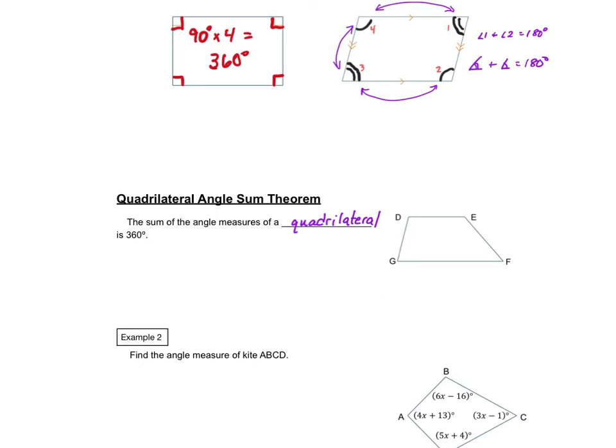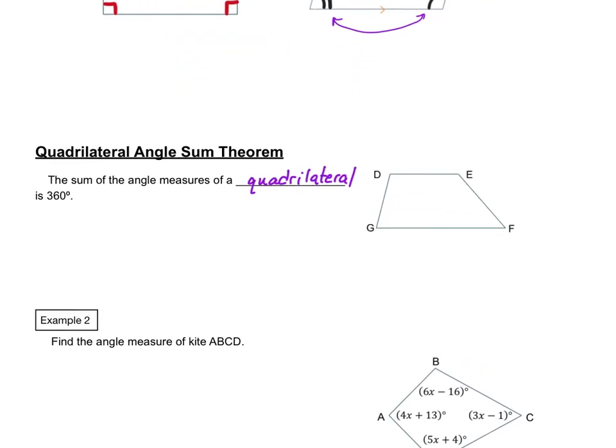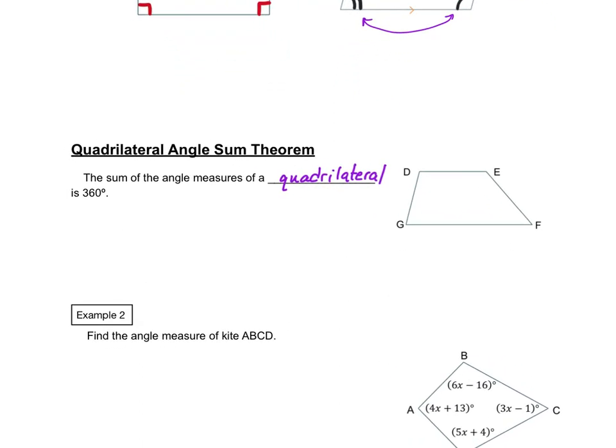So again, if I were to try and divide this into two triangles, I know that the measurement of angles G, D, and E would all equal 180 degrees.